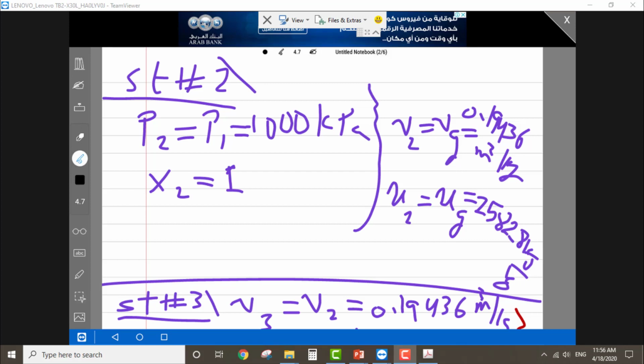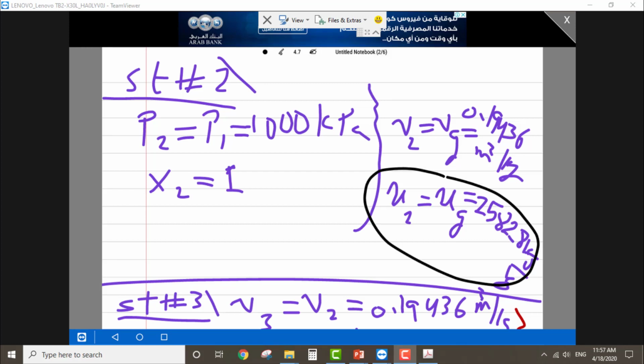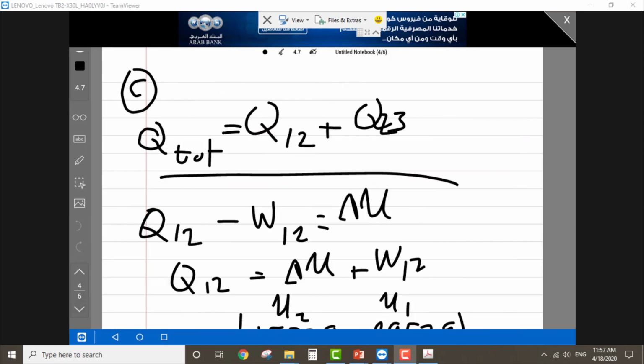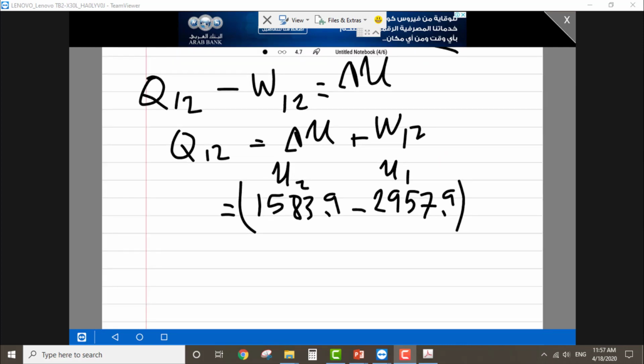Here is U2. So I think I substituted U3 instead of U2. Let me go and check. Yes, I substituted U3 instead of U2. So let me erase this one.